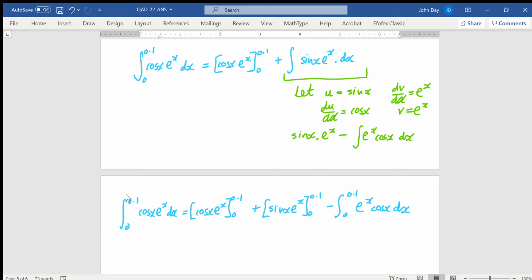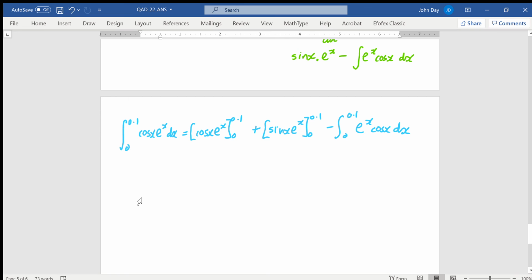That's what I've got by doing an integration by parts within an integration by parts. So this is like cos x e to the x plus sine x e to the x from 0 to 0.1 minus from 0 to 0.1 e to the x cos x dx. And that's equal to that.